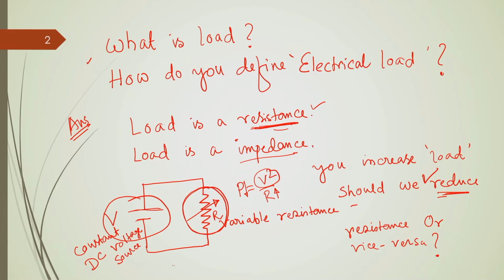So load is power consumption, or alternatively you can say that load is the current drawn by that particular device. If you go for increasing the load, you have to make an arrangement such that this power consumption or current drawn by that device is increased.